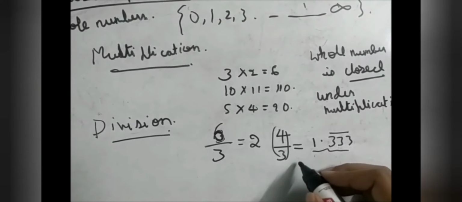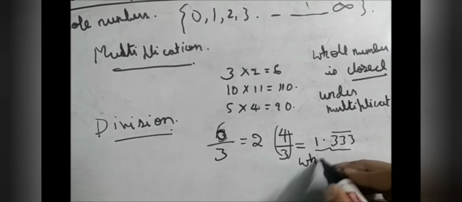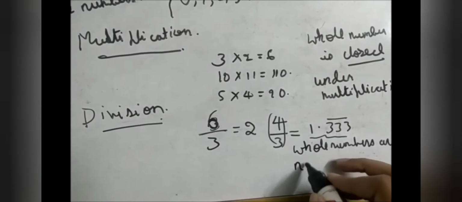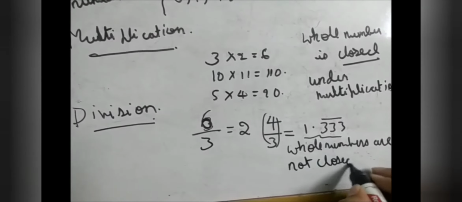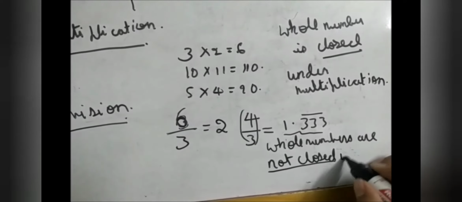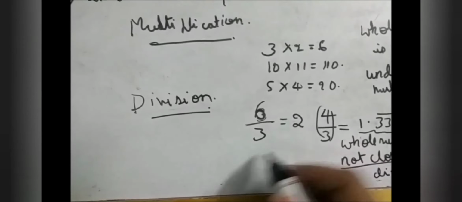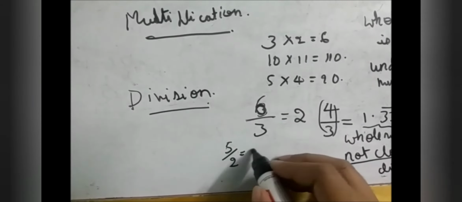This is actually a rational number. So we can conclude that whole numbers are not closed under division. We can take anything, 5 by 2, which comes to 2.5, which is not present in the set of whole numbers. So whole numbers are not closed under division.